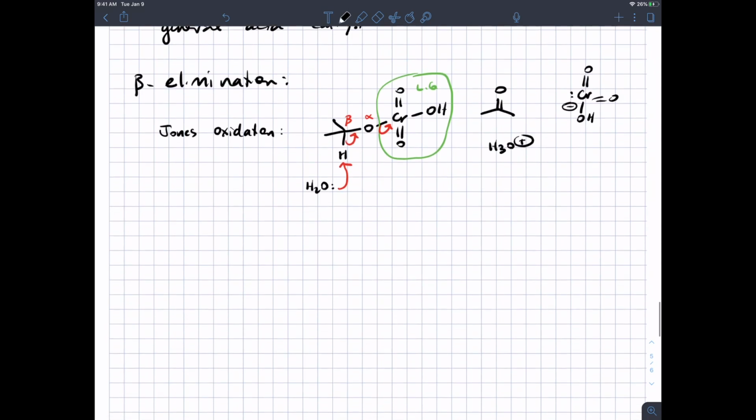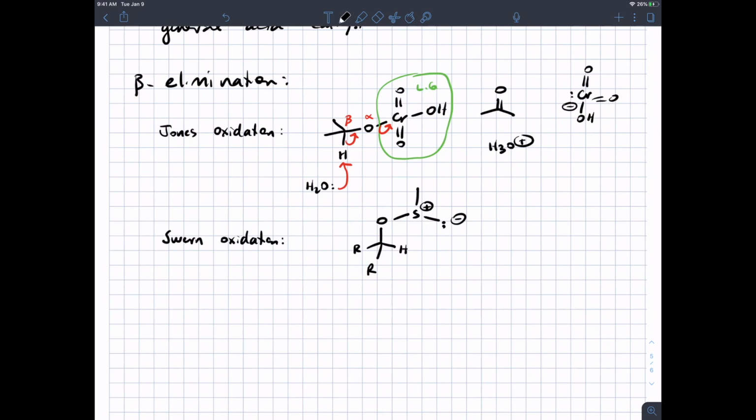A similar sort of thing happens in the Swern oxidation. If you don't know about the Swern oxidation, you'll learn about it, I think, in 553. But the key intermediate in the Swern oxidation involves a sulfonium ylide with a negative charge on the methyl group adjacent to the sulfur.